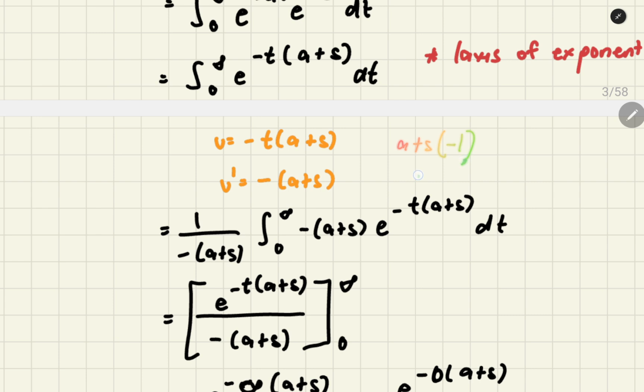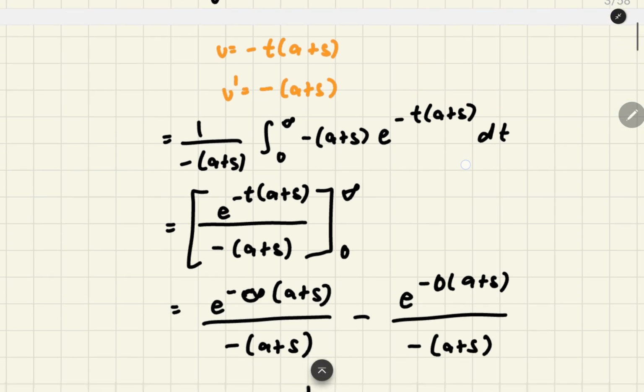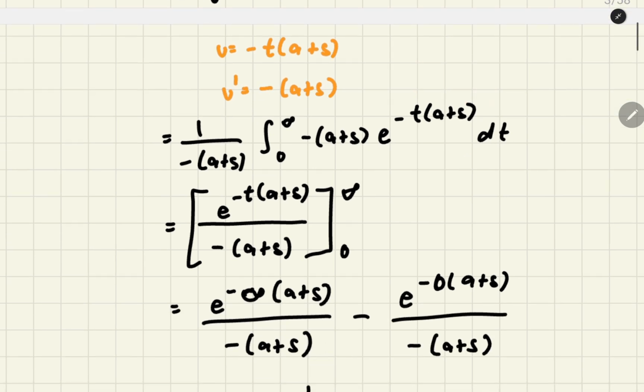Therefore, it became negative a plus s only. Since we have added the negative times quantity a plus s inside the integral, we will add the reciprocal of this one outside. So there exists a 1 over negative times quantity a plus s outside.